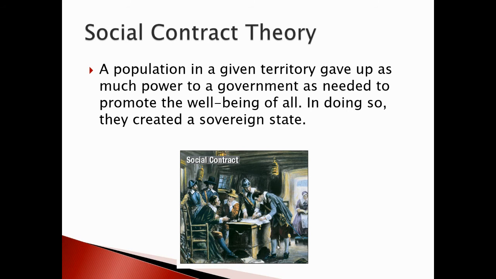So, for example, Hobbes said that in the earliest history, human beings basically lived in a total state of freedom, almost anarchy, in something that he called a state of nature, where there was no government whatsoever, and no person had to answer to the call of a superior power. So, therefore, the people could take by force anything that did not belong to them. And so they were free to make their own choices.